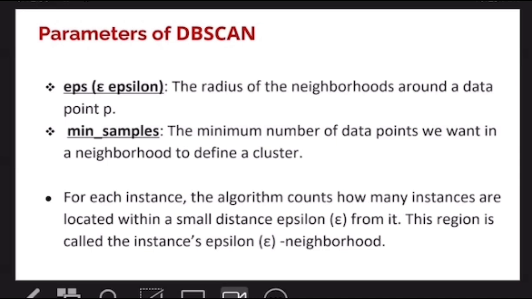Otherwise, you are likely going to classify some objects as outliers that we don't want, and maybe they are not outliers. Maybe something occurs in an area, you just say, oh, that's an isolated event. What if it is not? We call that the epsilon neighborhood. It means that is the minimal distance that you're going to tolerate.